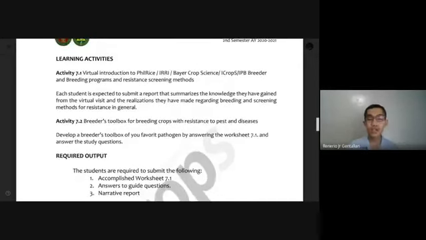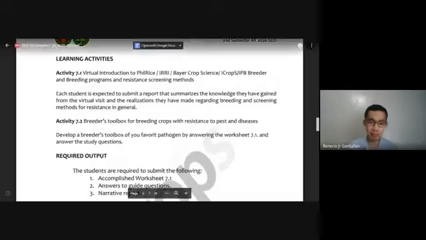Each student is expected to submit a report that summarizes the knowledge they've gained from the virtual visit and realizations they have made regarding the breeding and screening methods for resistance in general. It's the same as your narrative reports in exercises 5 and 6, but more or less I would just like you to summarize the salient features and make some reflections on what you've learned from our guest speaker this afternoon.